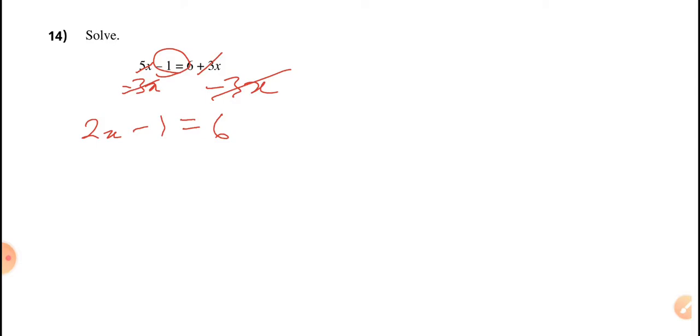So now, on the left hand side, because we want to work out what x is on its own, we have to get rid of this minus 1 first. So how do you get rid of minus 1? We have to add 1 to both sides. So we add 1 here, and we add 1 here. Now, on the right hand side, 6 add 1 is equal to 7. So we write 7, and on the left hand side, the minus 1 and the plus 1 cancel out, leaving us with 2x.